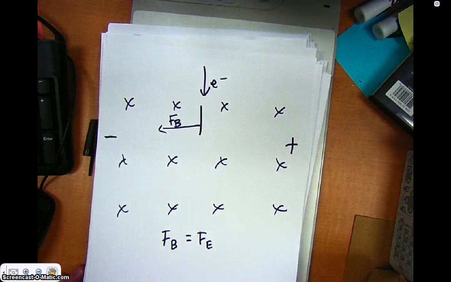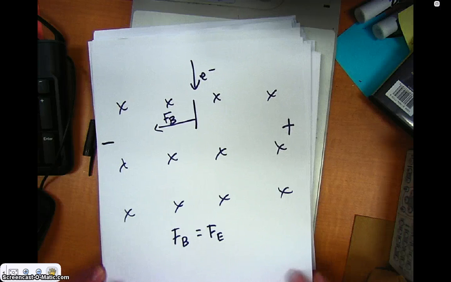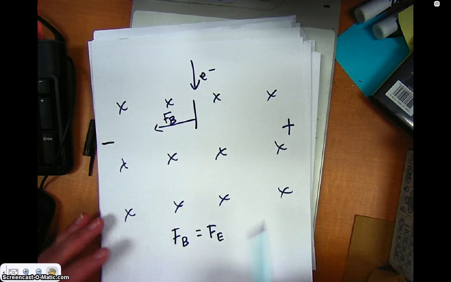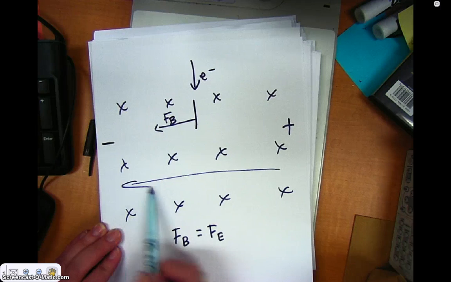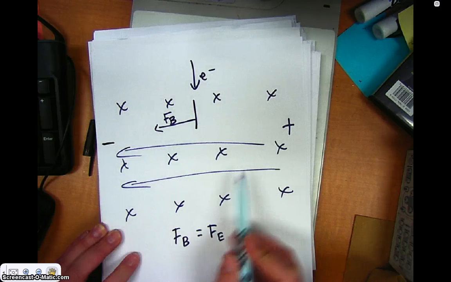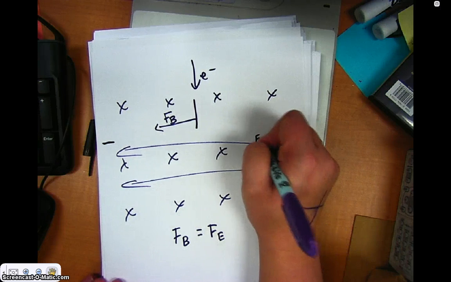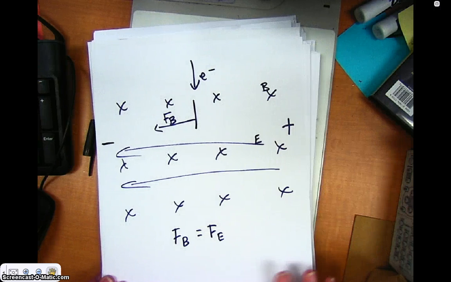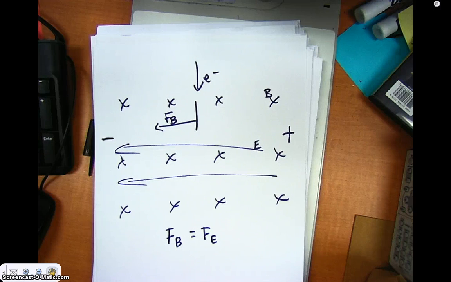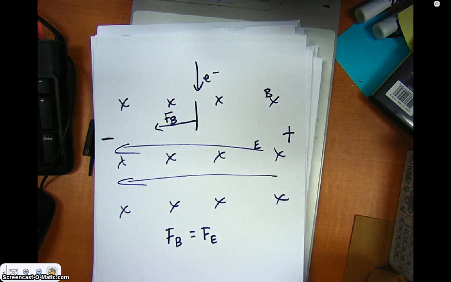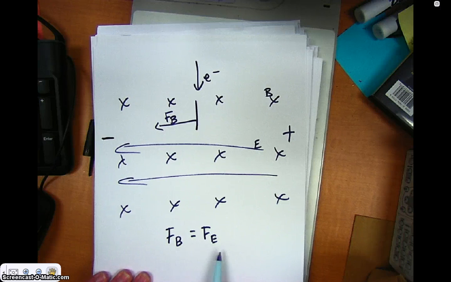Remember, electric field lines point from positive to negative, so I want an electric field going in this direction, crisscrossing my magnetic field. These are electric field lines, these are magnetic field lines. Now, is there some way we could calculate the magnitude of this field? The answer is yes. What we would have to do is set these forces equal to each other.